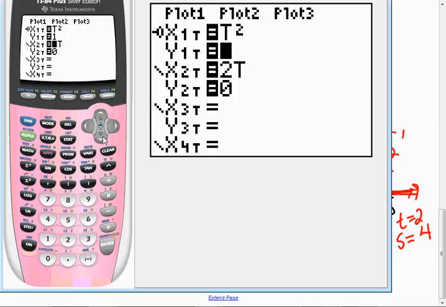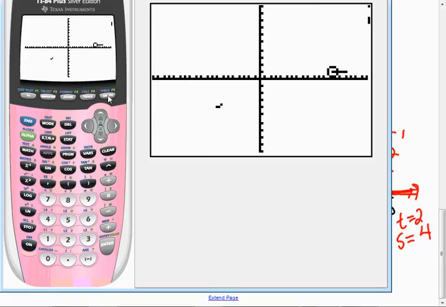Let's make that t. Okay, there's your velocity. Your velocity is negative now, because you're going left. It's going to stop, and then it's going to go back to the right, so the velocity is positive.